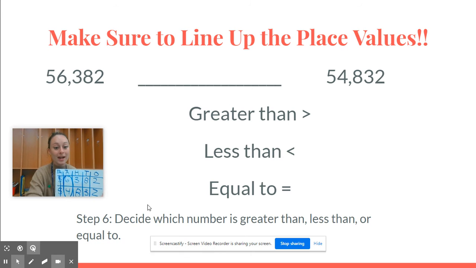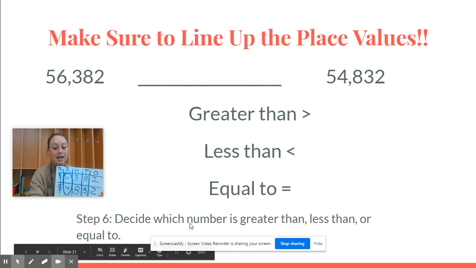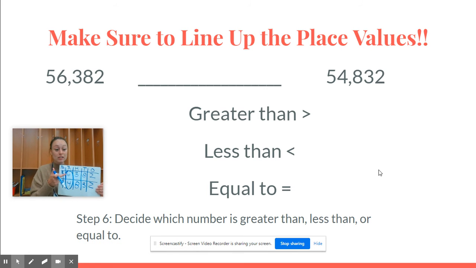Okay, so now this is when I actually have to decide. Step 6, decide which number is greater than. Well, I know that 6,000 is larger than 4,000. So I finally have to think, I'm going to circle this. That way I can see 56,382. That's our bigger number, okay?